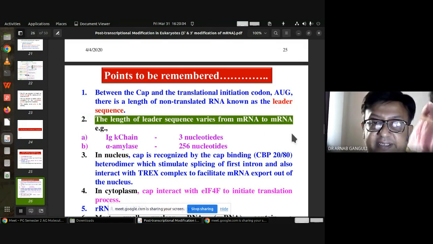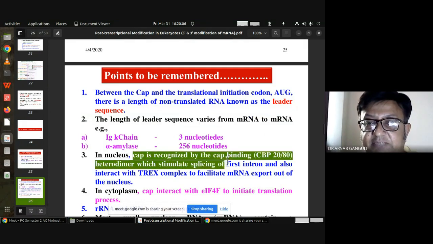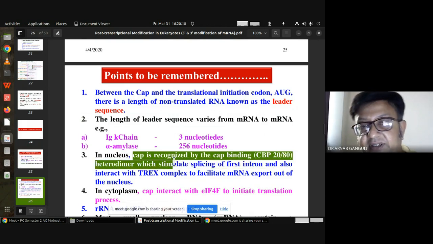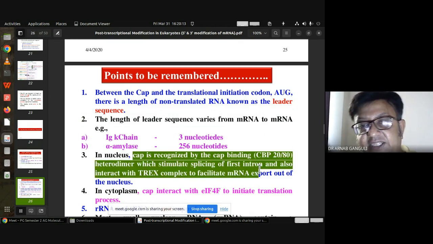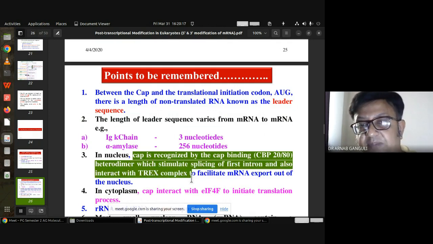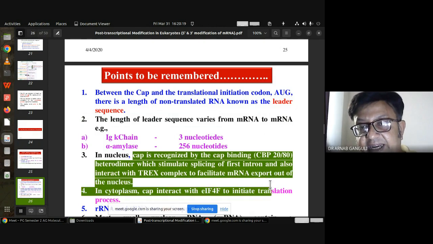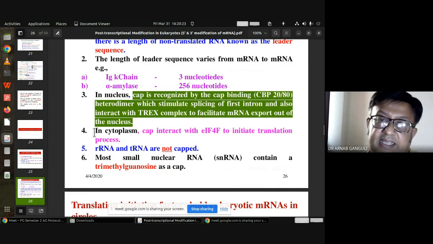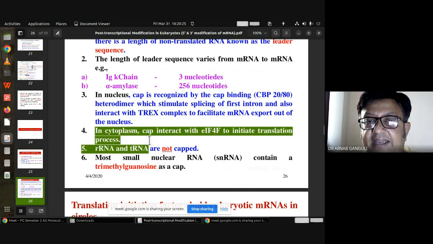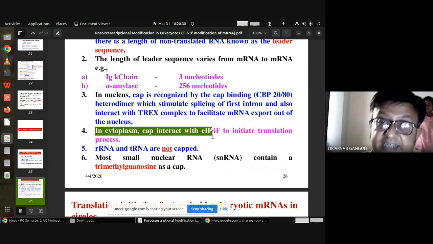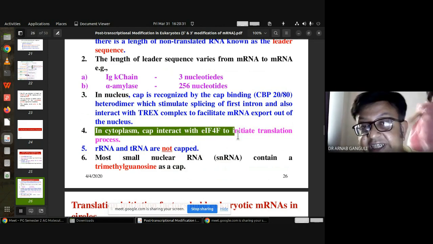It varies. In the nucleus, the cap is recognized by cap binding protein CBP20/80 heterodimer, which stimulates splicing of the first intron and also interacts with the TREX complex to facilitate mRNA export out of the nucleus. In the cytoplasm, the cap interacts with eukaryotic initiation factor 4F to initiate the translation process.